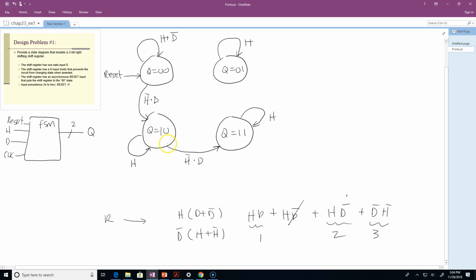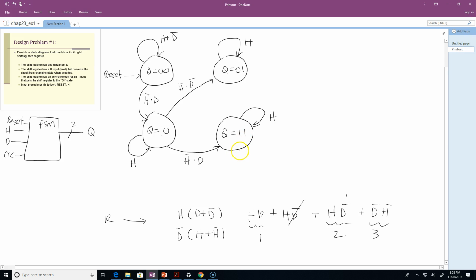The other question is, if I'm feeding in a 0, which is D bar, where does it go? That D bar is going to be the next left input, so it's going to come up here. This is H bar, D bar. And so there's essentially 1, 2, 3, 4 arrows leaving the state. I'm done with that state.